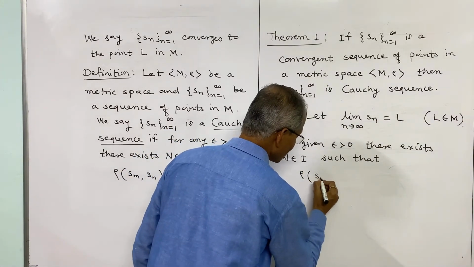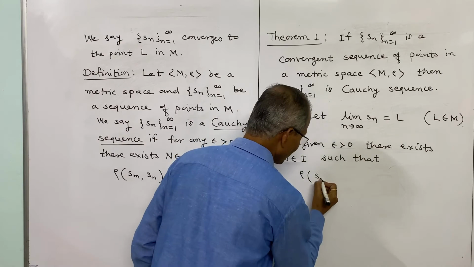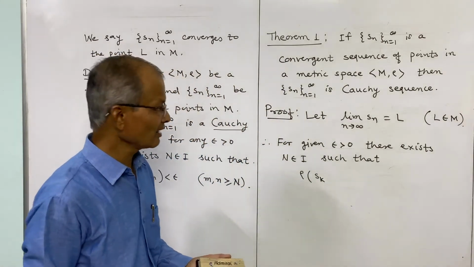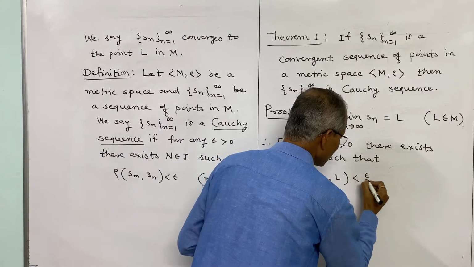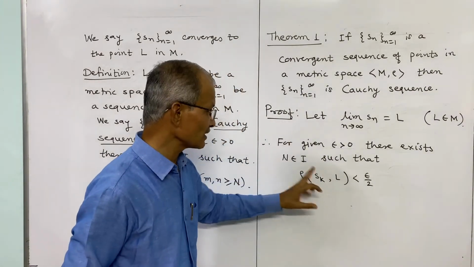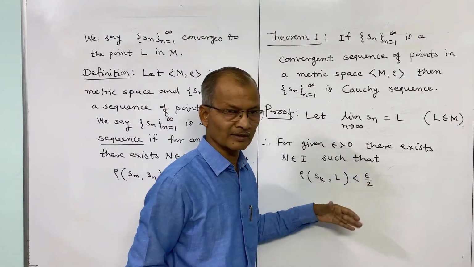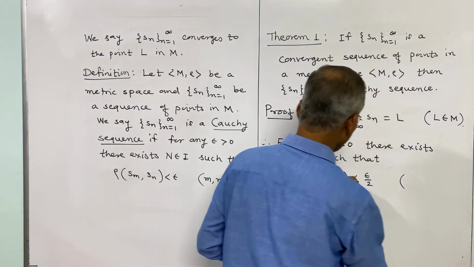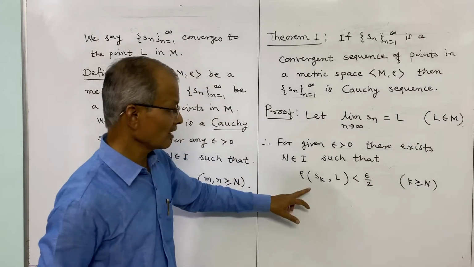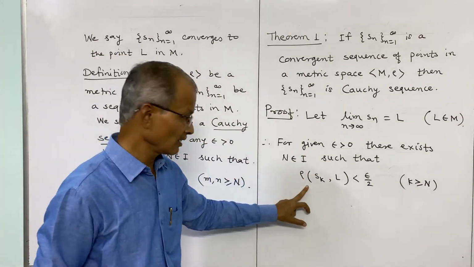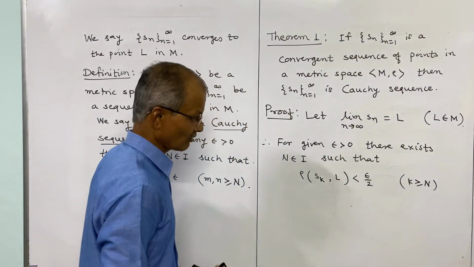Instead of Sn we shall consider here Sk, since a term of a sequence can be denoted by Sn, Sm or Sk. Rho of Sk and L is less than epsilon by 2. We will consider epsilon by 2 purposefully; epsilon can be taken at our choice. It may be epsilon itself, epsilon by 2, epsilon by 3, etc. And this happens for k greater than or equal to capital N. So this is the definition of limit we have written earlier: the distance between Sk and L is less than epsilon by 2 whenever k is greater than or equal to N.